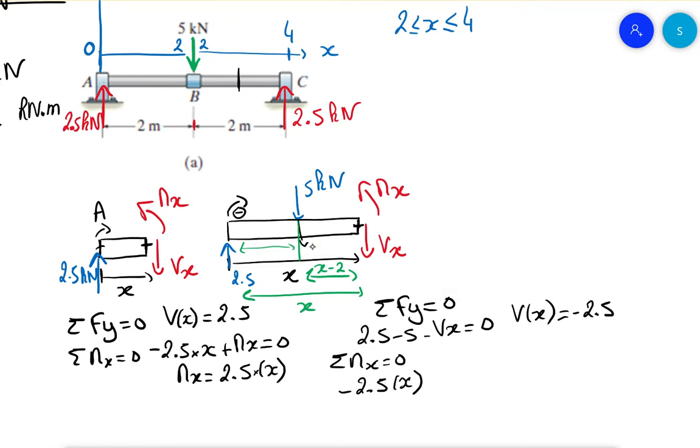The 5 is rotating in the plus direction, so plus 5 times the distance x minus 2, and plus Mx is equal to 0.